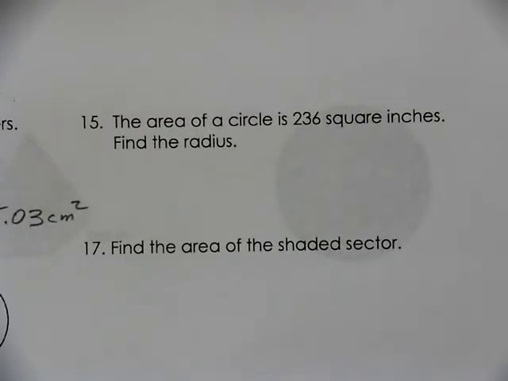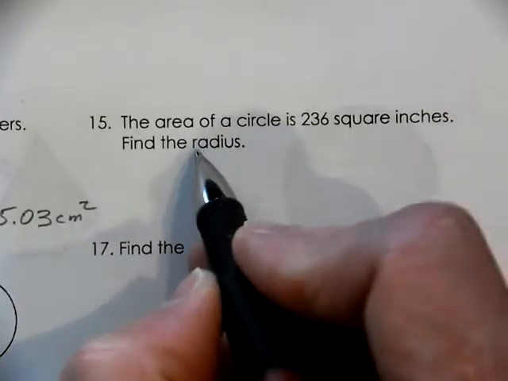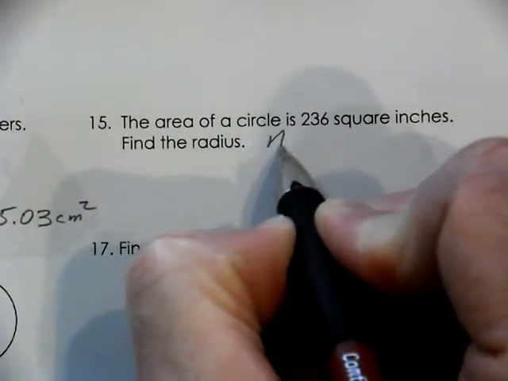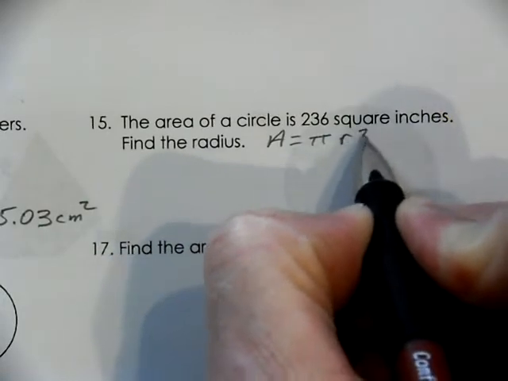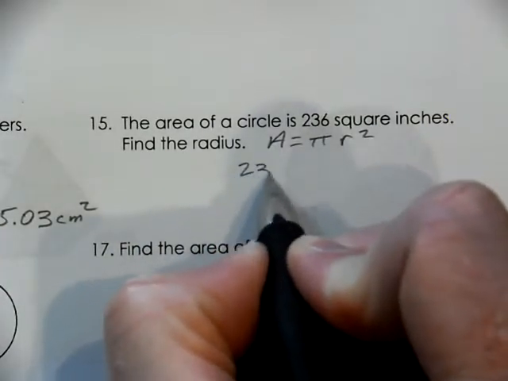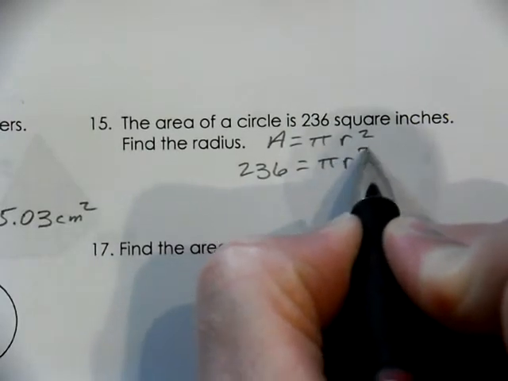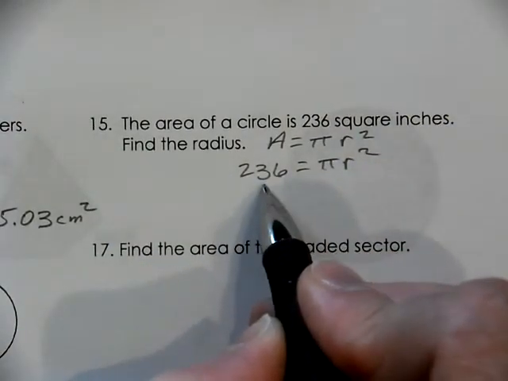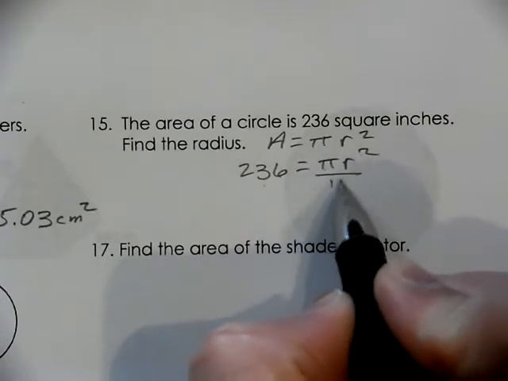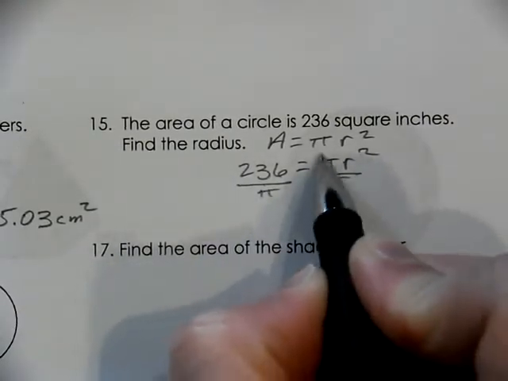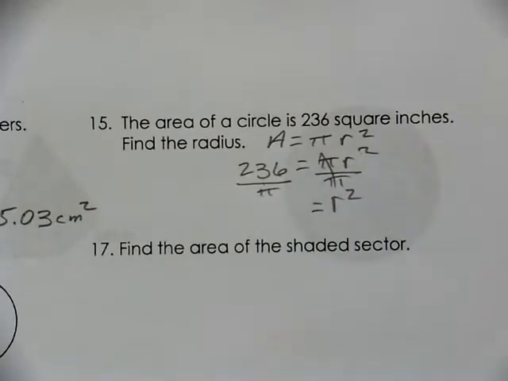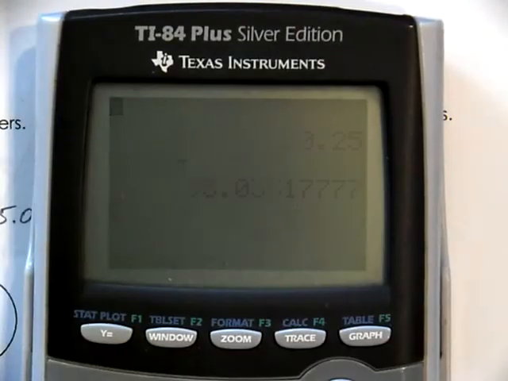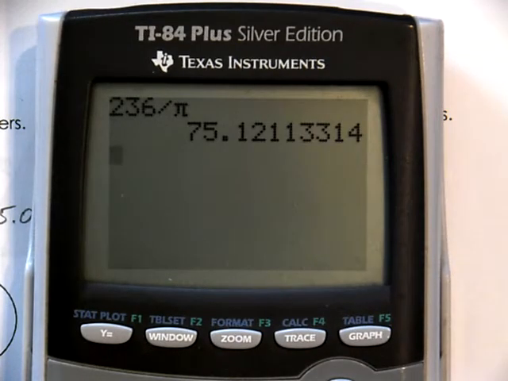The area of a circle is given. What is the radius? So if the area equals pi r squared, and we know the area is 236, we need to first divide by the pi, then take the square root. So 236 divided by pi, not e, but pi, that gives us 75.12.